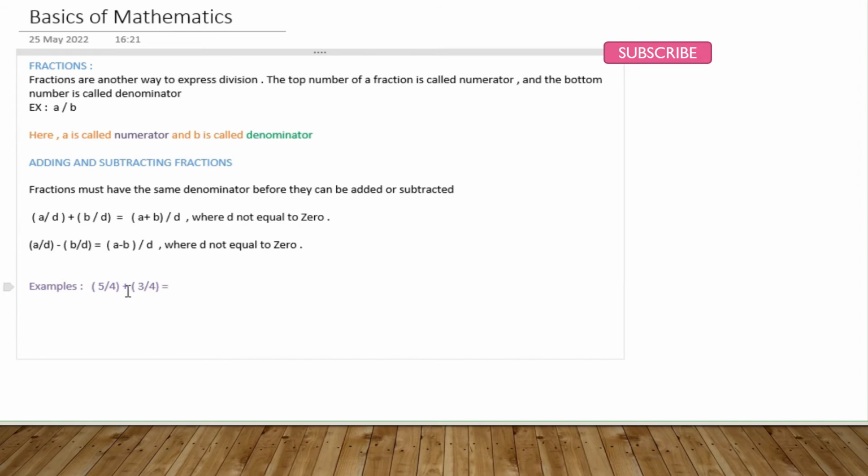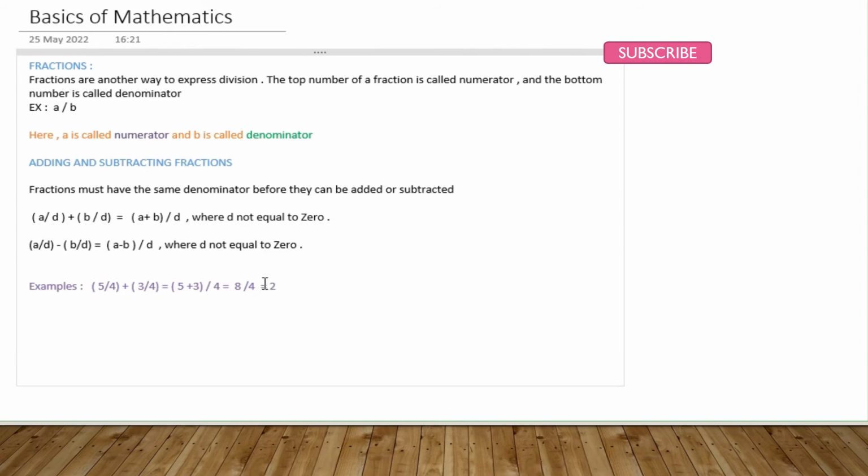What is the denominator? 4. So we add the numerators: 5 plus 3 divided by 4, and then you finally get 2. Why? Because 5 plus 3 is 8. 8 by 4, then finally we get 2.